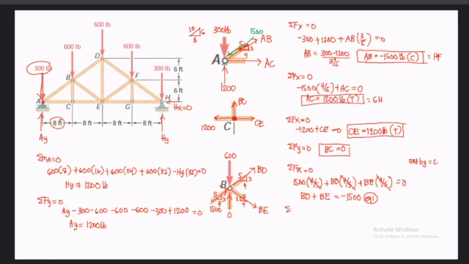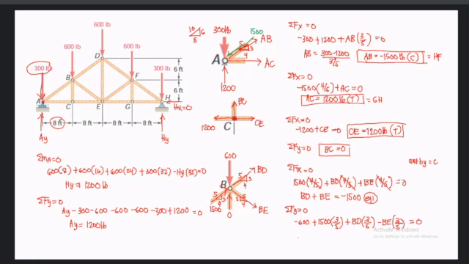And then summation Fy is equal to 0. So you have -600 and then positive 1.5 times 3/5 and then plus BD times 3/5 and then minus BE, which is negative since Y is downward, times 3/5, also equal to 0.